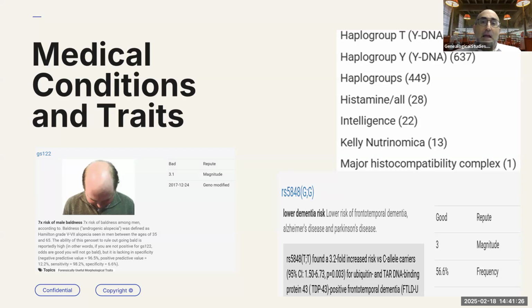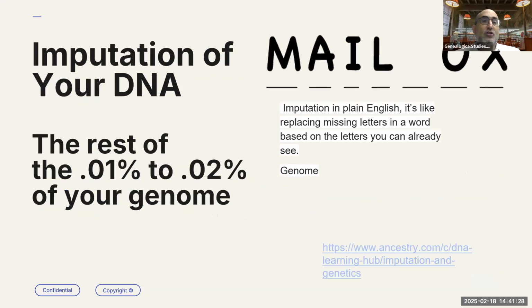Now, something else you can do is called the imputation of your DNA. What that means is most of the direct-to-consumer testing companies, when they test your DNA, they test 0.01 to 0.02% of your genome. So what imputation does, it figures out the rest.